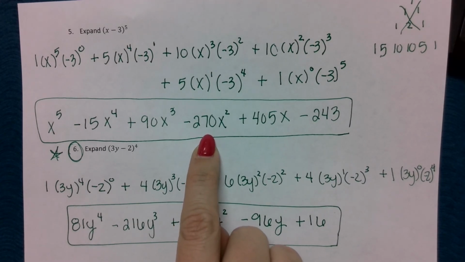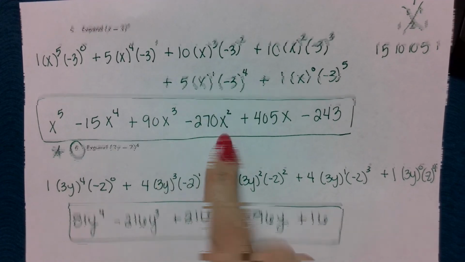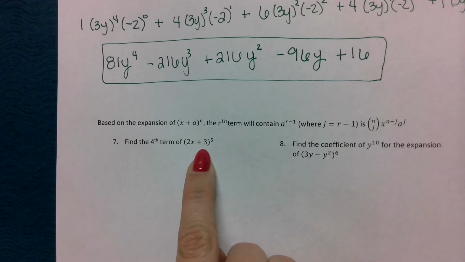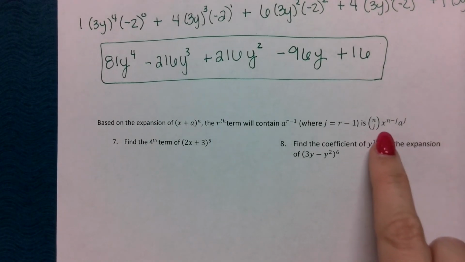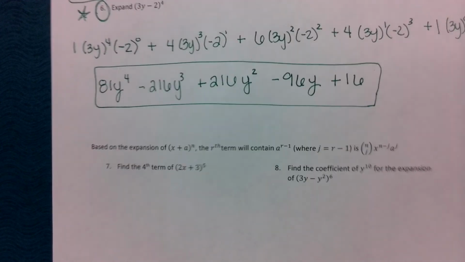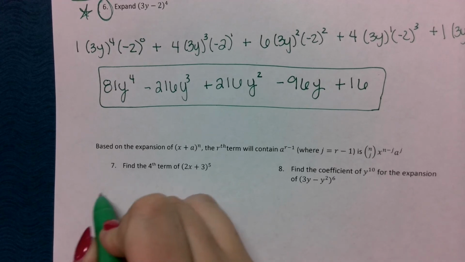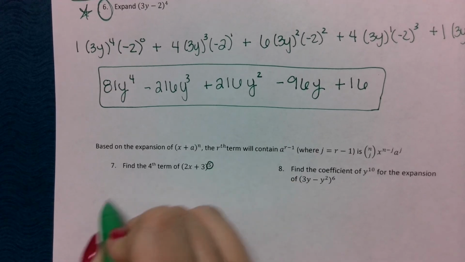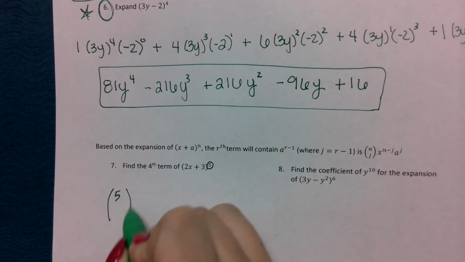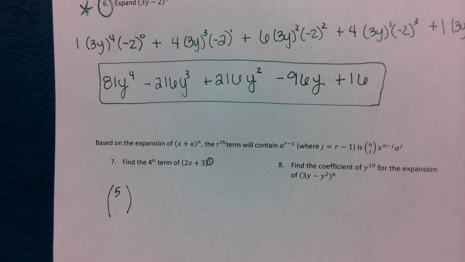Okay, so if I want to know the 4th term of this sequence, then we can use our binomial theorem. So the way we start our binomial theorem is we say, well, our exponent is going to be the first number in our binomial here.